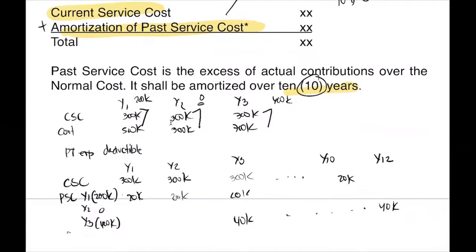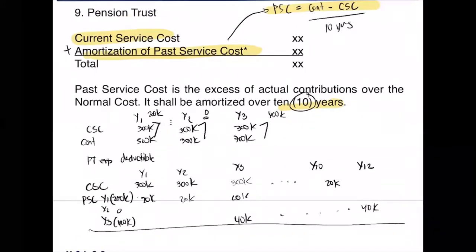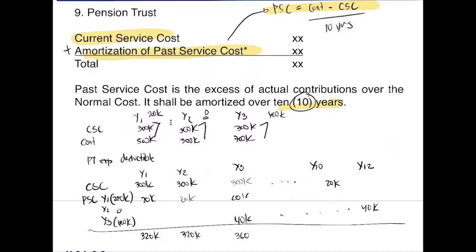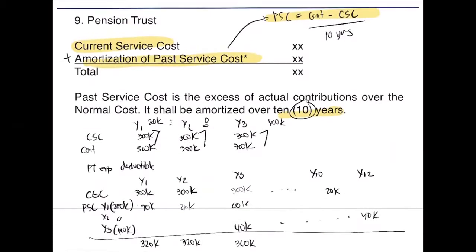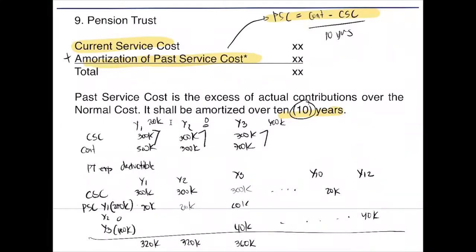Okay? So how much is our total pension trust that can be deducted for year 1? 300 plus 20, 320. Year 2, 320. Year 3, 360,000. Again, how do we compute for your past service cost? It is equal to your contributions to the fund less the current service cost divided by 10 years.